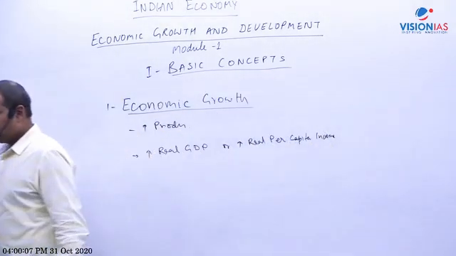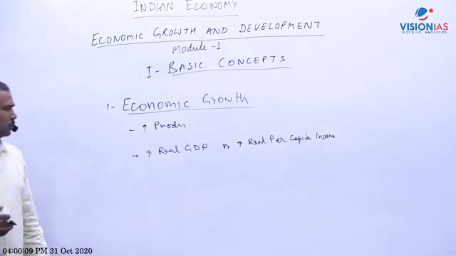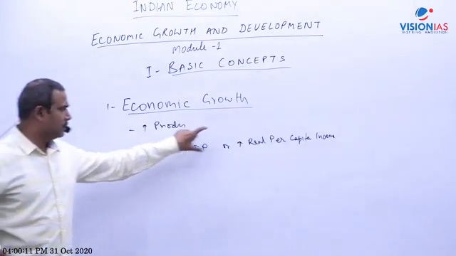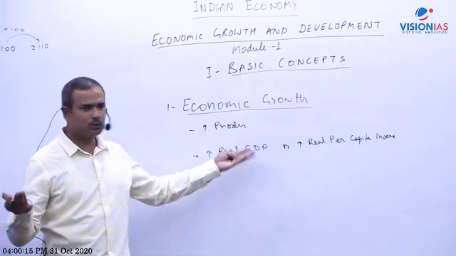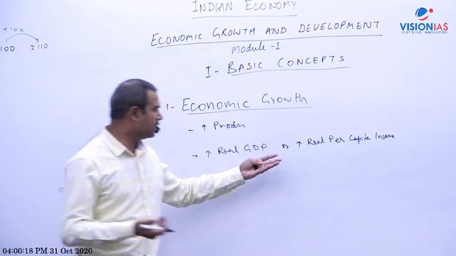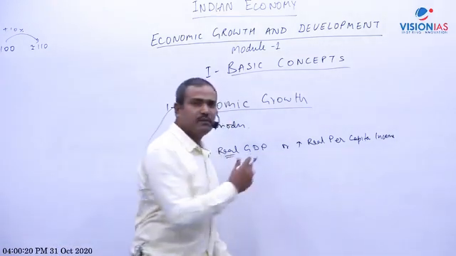So persistent increase in real GDP or real per capita income. So what is this? Actually, increase in production means increase in GDP, same thing. So both definitions are same. Or per capita income. Now I have used the word real GDP.